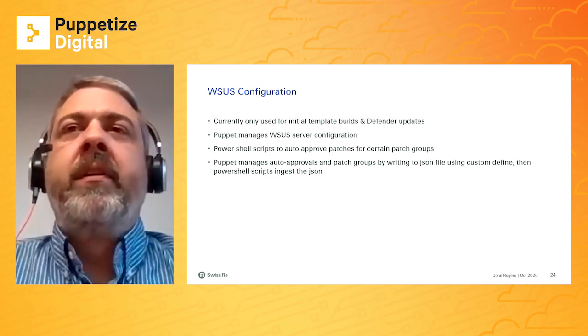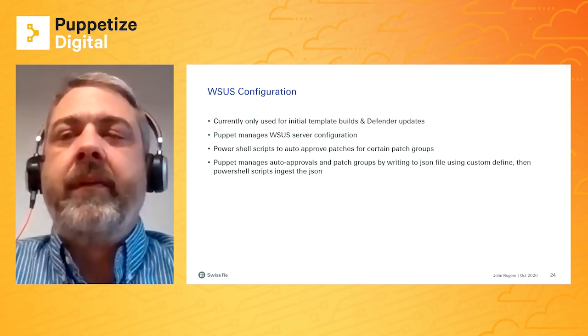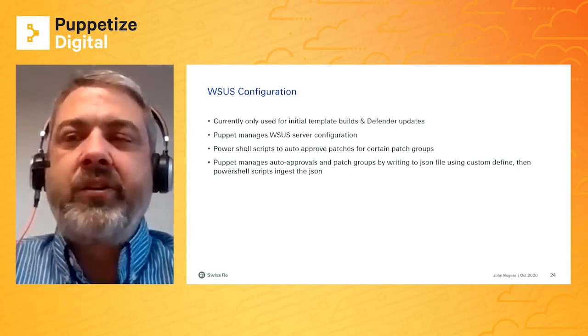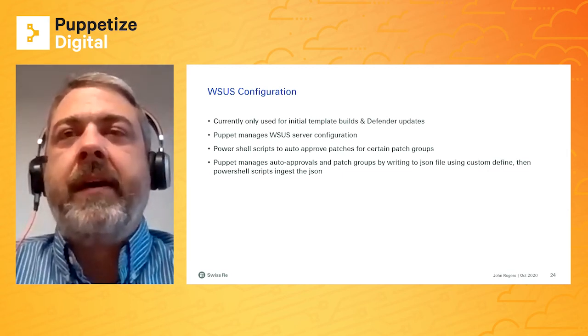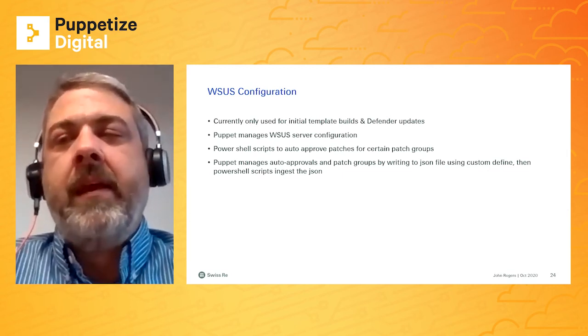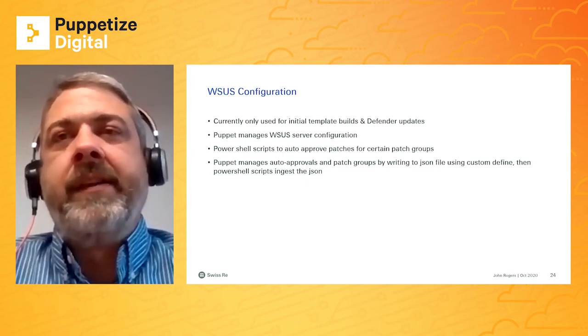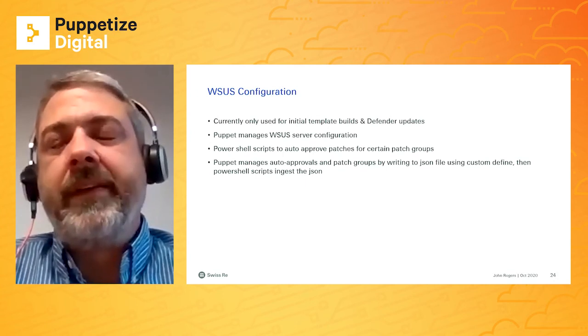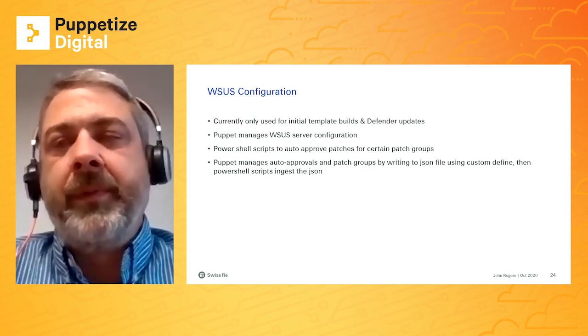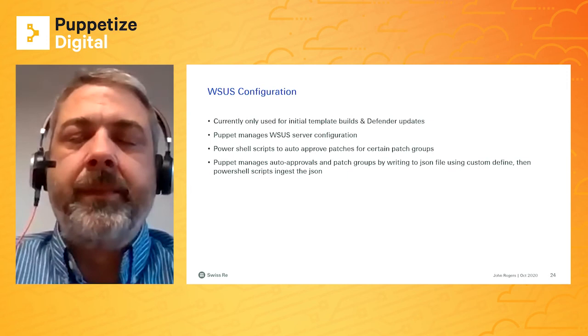And the way this kind of works is we use Puppet. So I can go define all of my patch groups, my update rules, and everything like that in Puppet. And it builds a JSON file, and then the PowerShell script that runs on the WSUS machines just parses the JSON file, and it builds all the patch groups, it auto-approves all the patches.